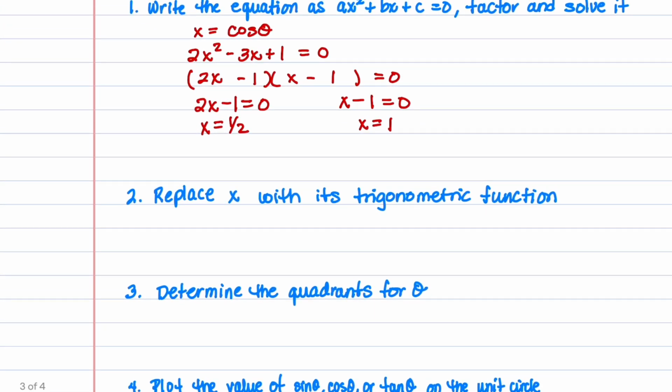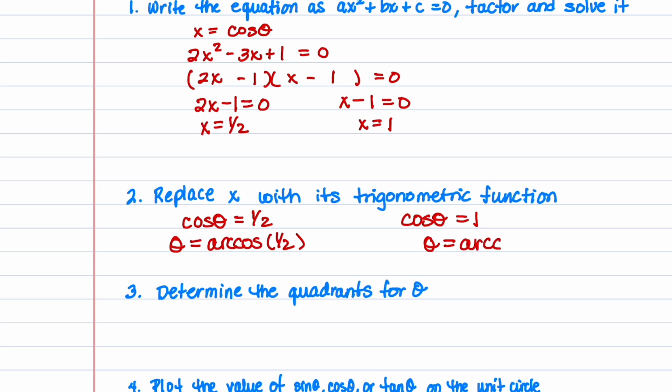We'll then replace x with cosine theta, and we have cosine theta is 1/2, and then cosine theta is equal to 1. We'll remind ourselves that theta then is the arc cosine of 1/2, and theta is the arc cosine of 1.